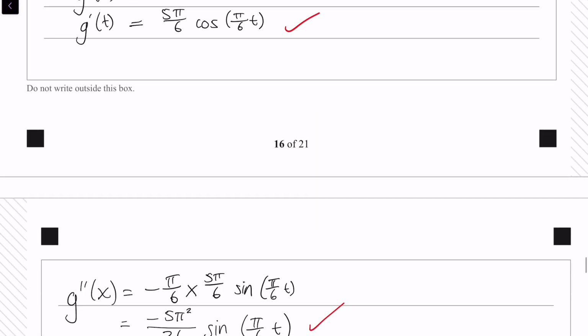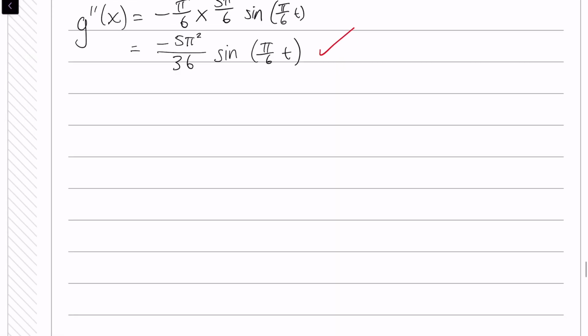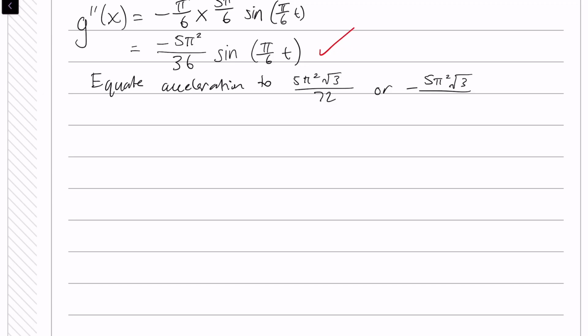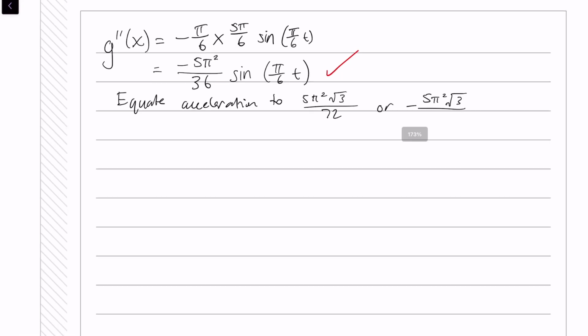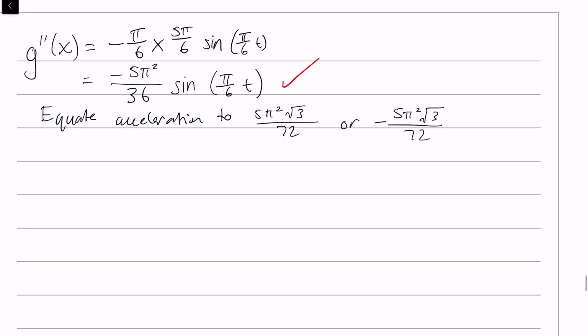So essentially what we're doing is we're now equating acceleration to 5 pi squared times root 3 on 72, or negative that value, because we know the front edge of the glacier can be increasing or decreasing.